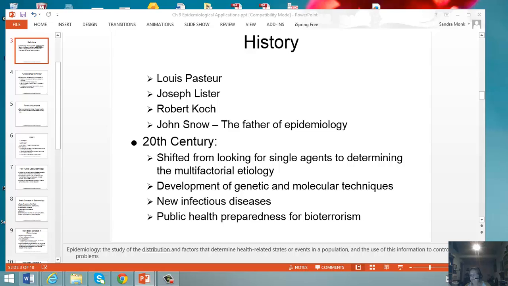There are new infectious diseases, and old infectious diseases are changing. And then there is public health preparedness for bioterrorism, as we've seen since the onset of September the 11th. We've begun to think more about bioterrorism being a risk for United States and global citizens.